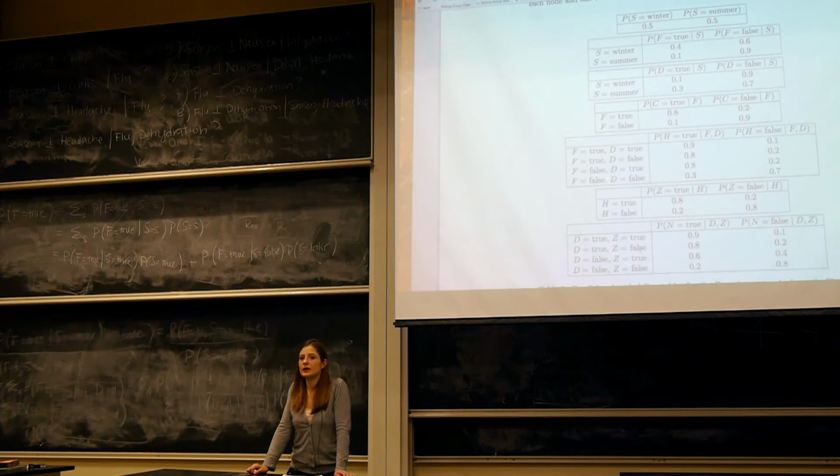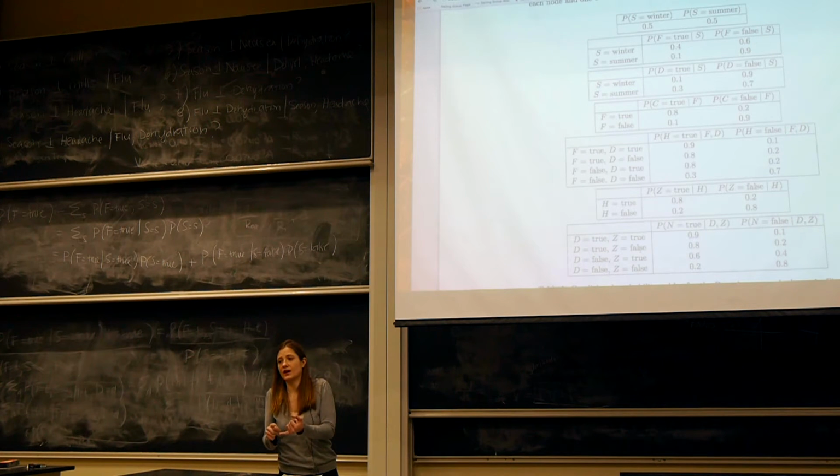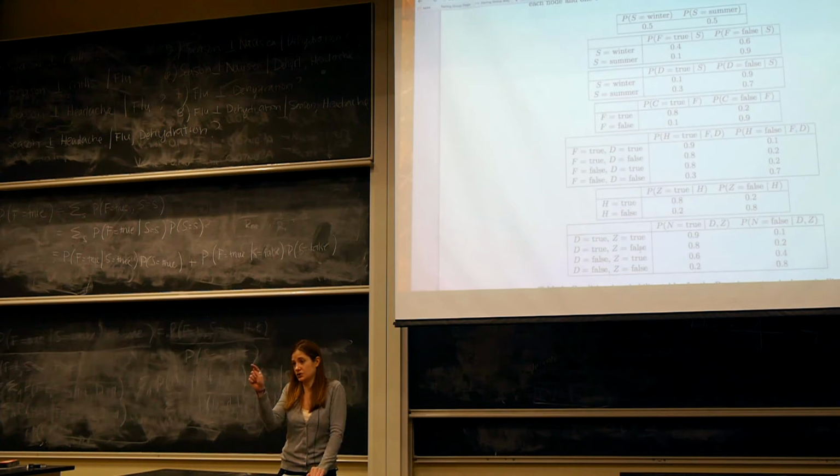Yeah, it's the same idea except that you're doing maximum likelihood estimation for a conditional distribution. You count up the number of cases where you have both flu equals true and season equals winter, and that's your numerator. Then your denominator is the total number of cases where season equals winter, right? If you apply the definition of conditional probability, it's the joint over whatever you're conditioning on. It's the same idea, applied to maximum likelihood estimates for Bernoulli distributions.